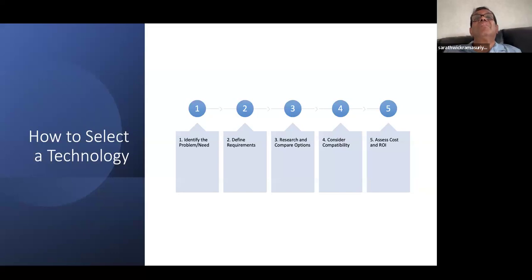Now, how do we select a proper technology? Number one, you should identify the problem and the need. Now, for example, we are very tech savvy people. Sometimes we participate in an international conference, a three-day conference.